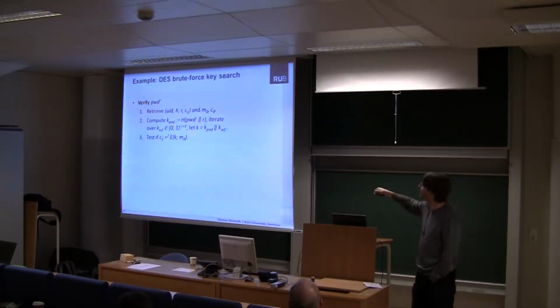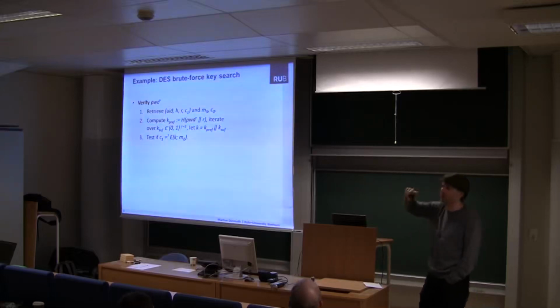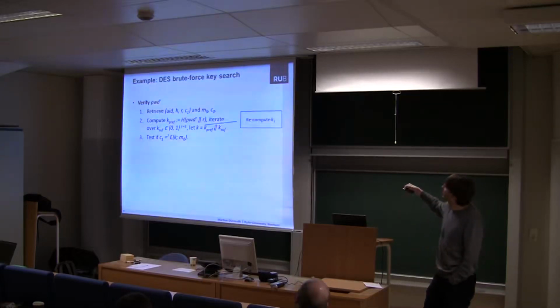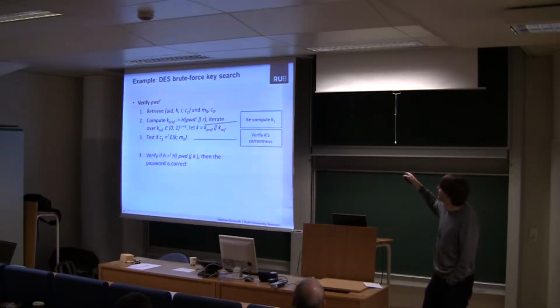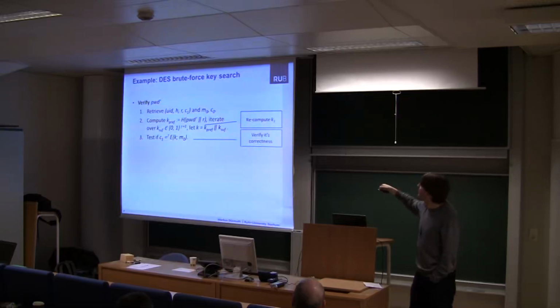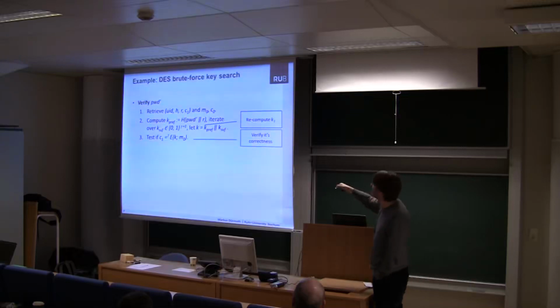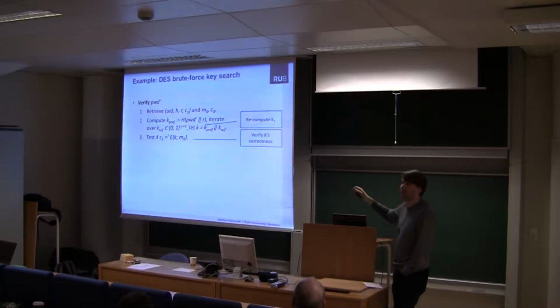So if K is K1, the one that we had before, then this test will succeed. If the password is the wrong one, then we have the wrong prefix, and this test will always fail with high probability.